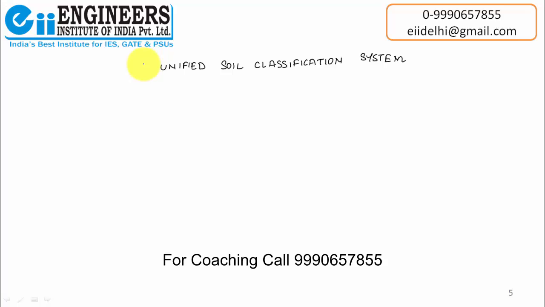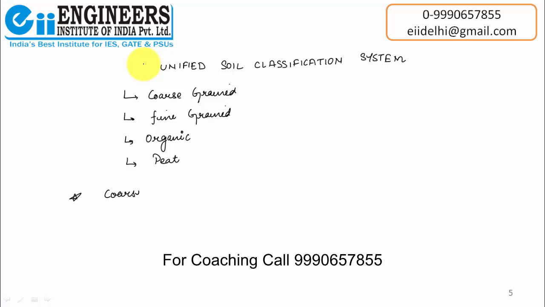There are four major groups: coarse grained, fine grained, organic soils, and peat. Now let's talk about coarse grained soils first.